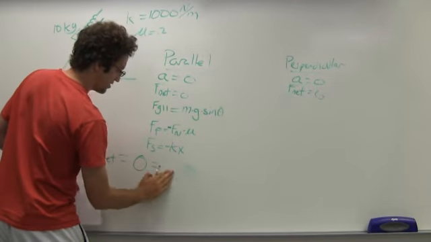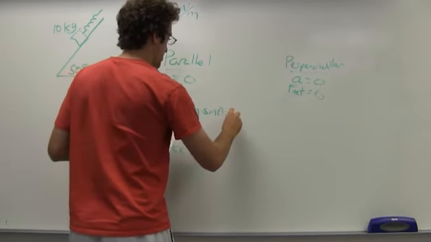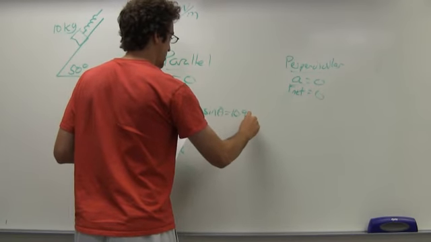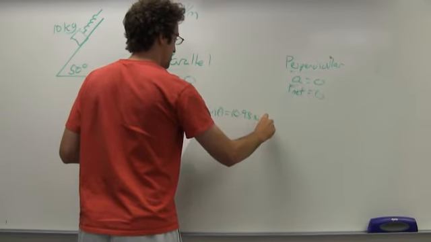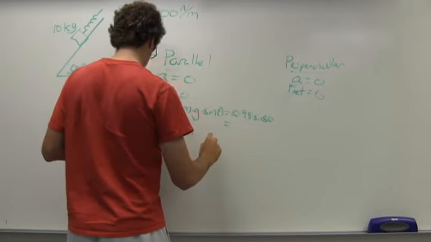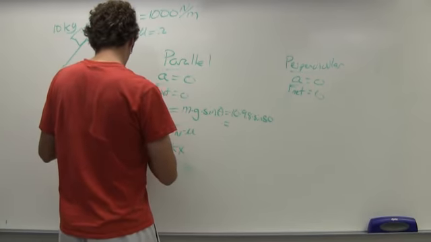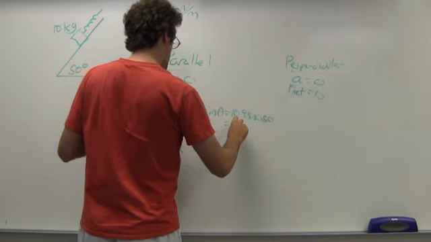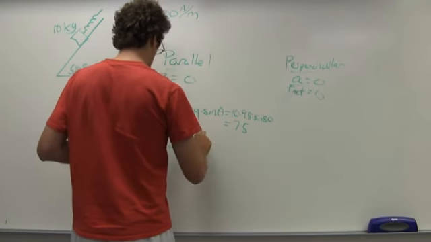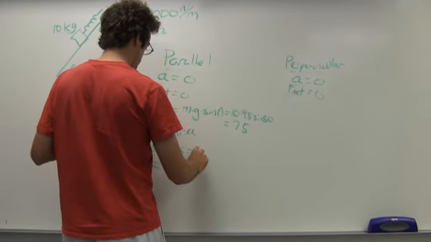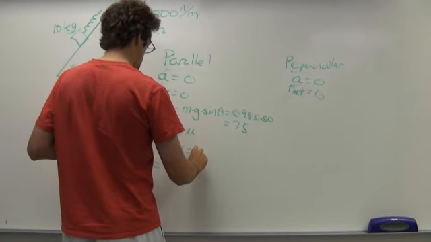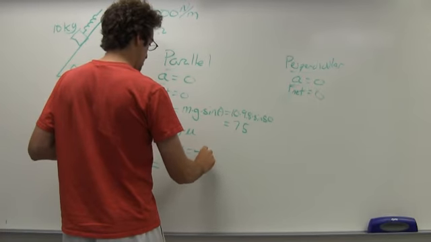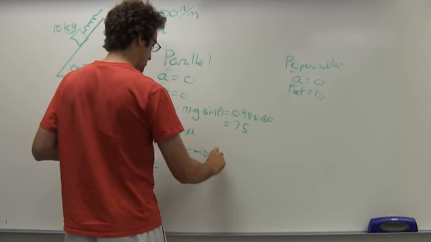Actually, let's go ahead and calculate that out. We know that this is going to be 10 times 9.8 times sine of 50, which is 75. We can also calculate this one out, and it's going to be negative 1,000 x.